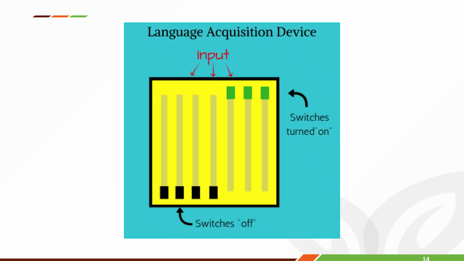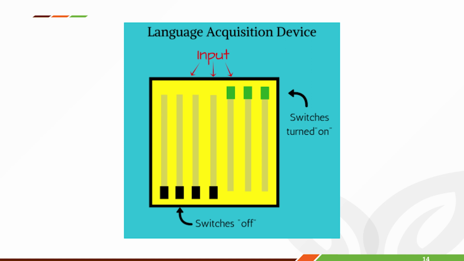This is another example that is a little more complex than the last one. And the example is how to use an image to talk about learning theory. So this is the concept of language acquisition device that was developed by Chomsky. And when I look at this, I see a box, a square that to me represents like a radio. And this radio has some switches that are on, and those on switches look like green rectangles that are at the top, that are up in the up position.